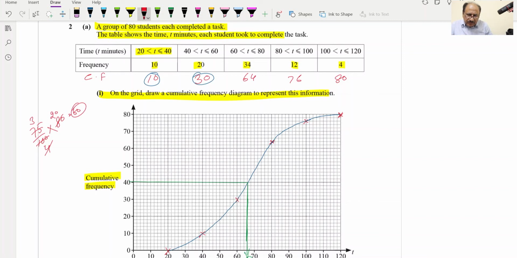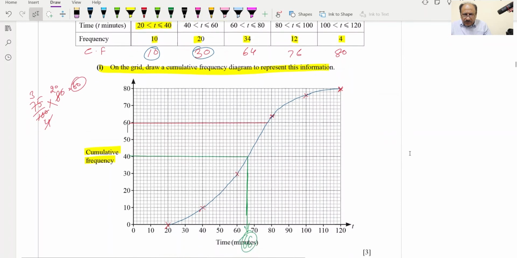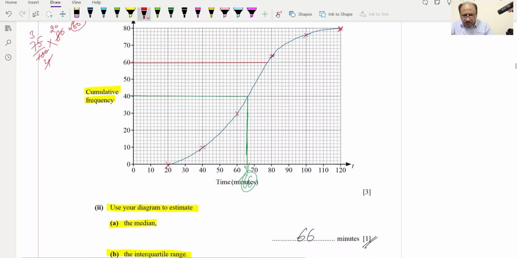So 60 will be this reference which we can draw from here, and on the x-axis we can check our reference, and this is like 78. We can write this as 78.